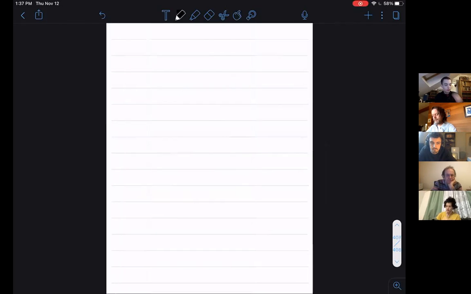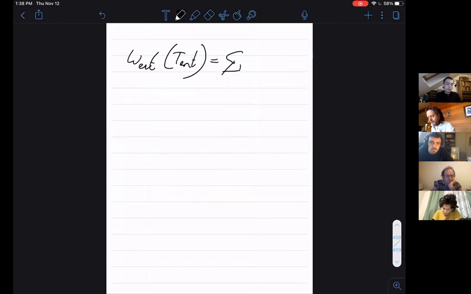This quantity is simply the sum over all the vertices in the trap of these values I just defined. It's a generalization of the definition we saw before.